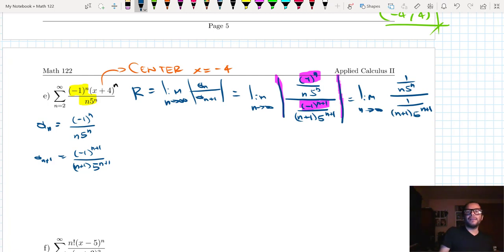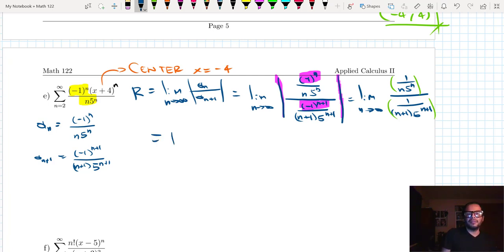So again, we have some sort of a complex fraction. Let's group each of the factors, each numerator and denominator, and then I'm going to multiply by the reciprocal of the denominator.